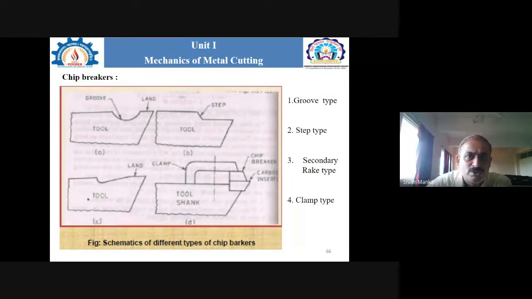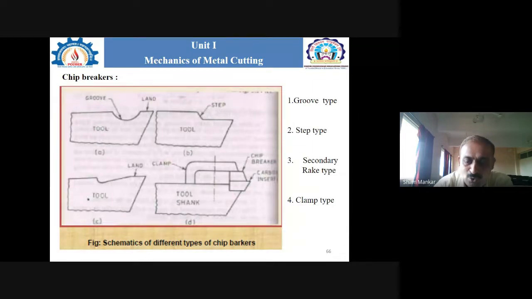So the 4 different types of chip breakers are: first, the groove type; second, the step type; third, the secondary rake type; and last, number 4, the clamp type chip breaker, which we use to break the chip into a small number of pieces, so that it will not have any bad effect on the tool material as well as on the workpiece material.